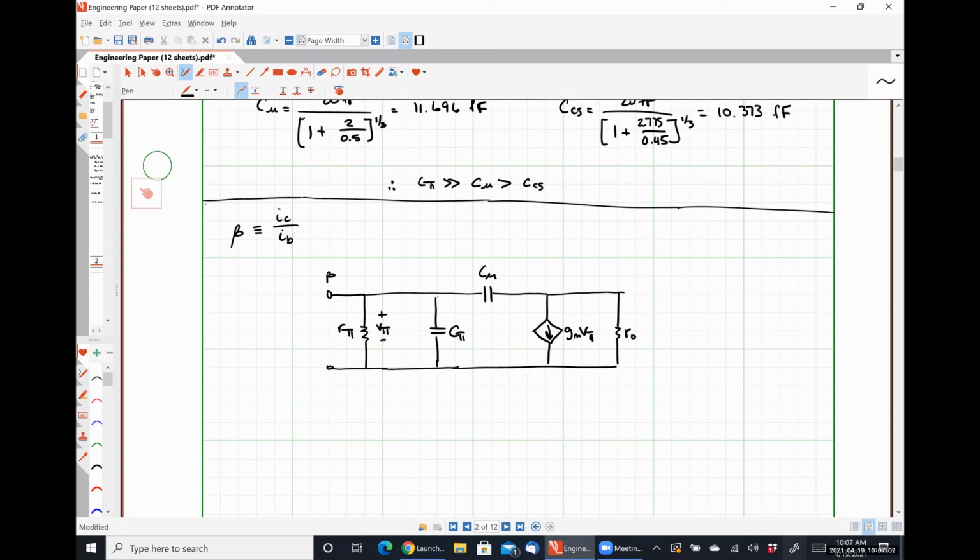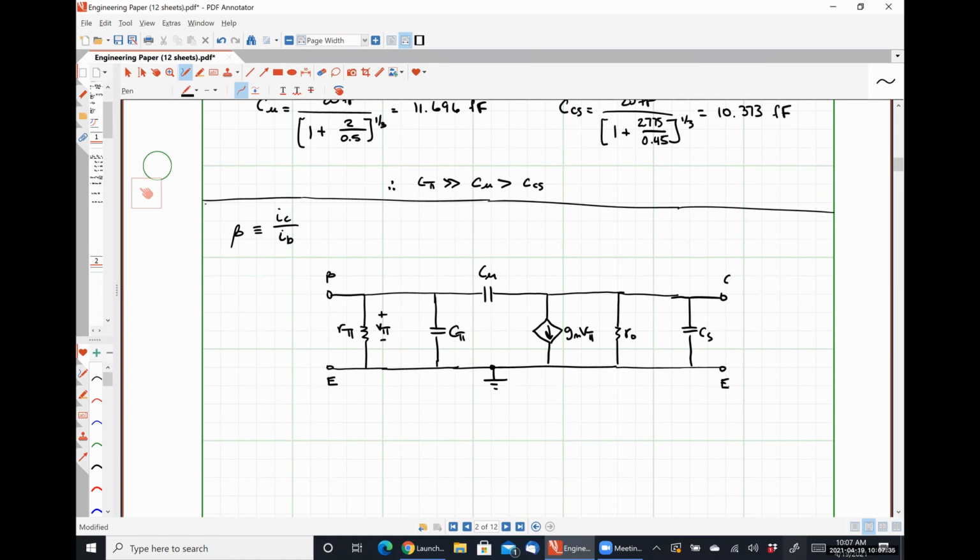I am going to ground my emitter because it's a common emitter amplifier. That seems like a pretty reasonable thing to do, which in turn is going to wind up putting my capacitance CCS in parallel with my resistance R naught. Here's my collector, and then this could be another emitter terminal. So this is my small signal model with my emitter grounded.